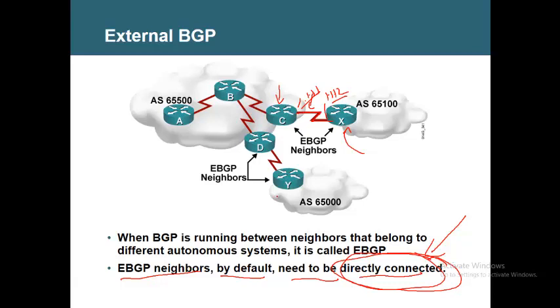I'll remind you when we go there. So, BGP neighbors by default need to be directly connected. eBGPs are nothing but BGP running between neighbors that belong to different autonomous systems. So eBGP stands for External Border Gateway Protocol.